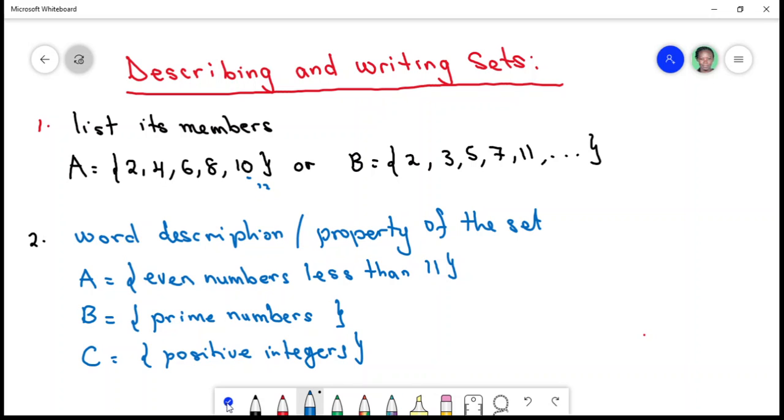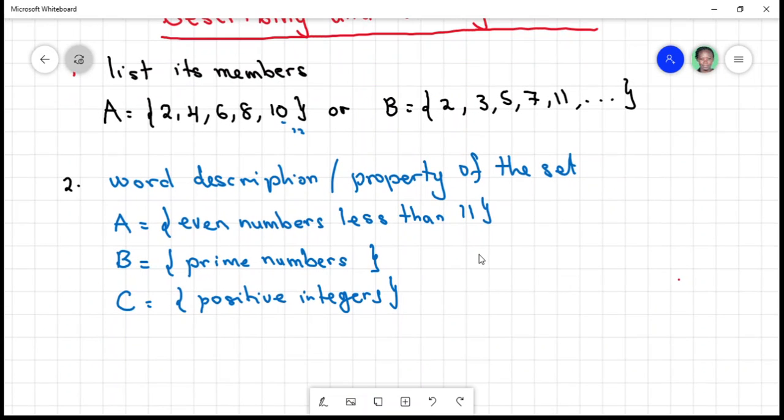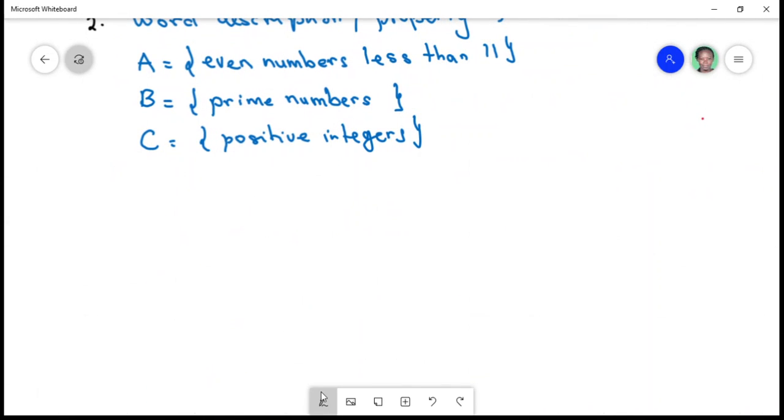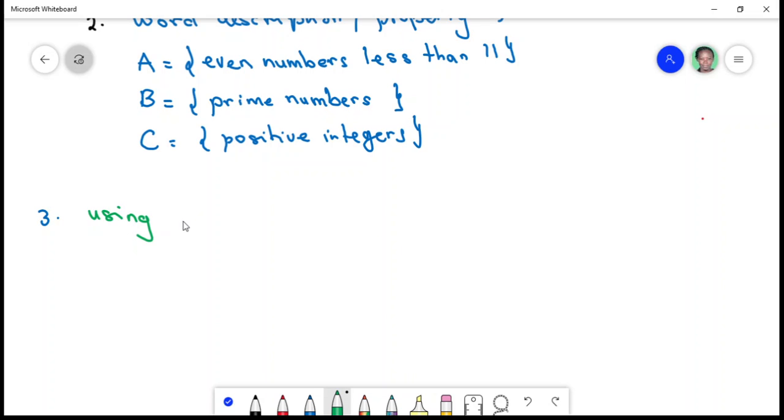So this is what a word description is. Then I can look at the third way to describe my sets, which will be one using a set builder notation.